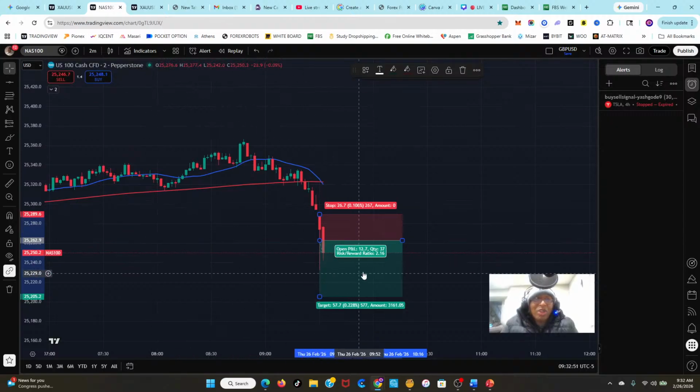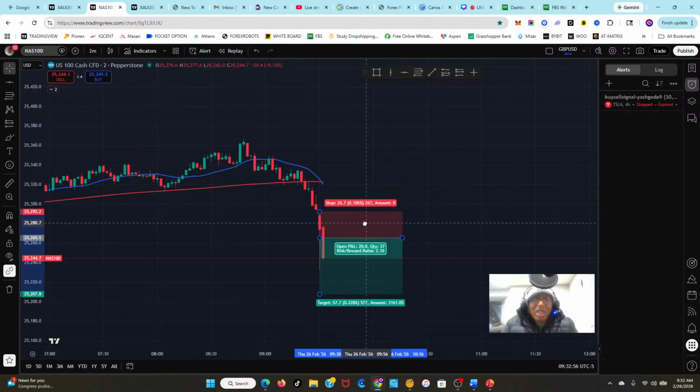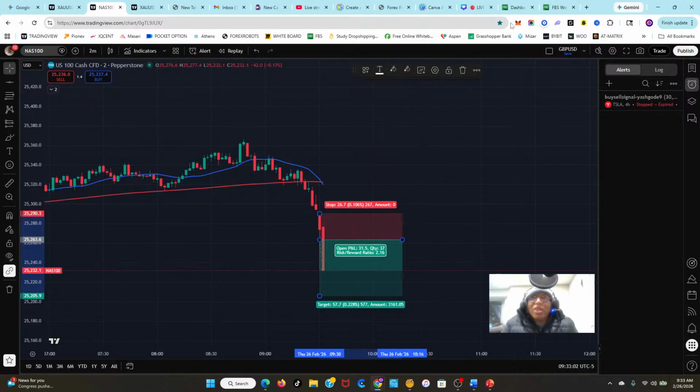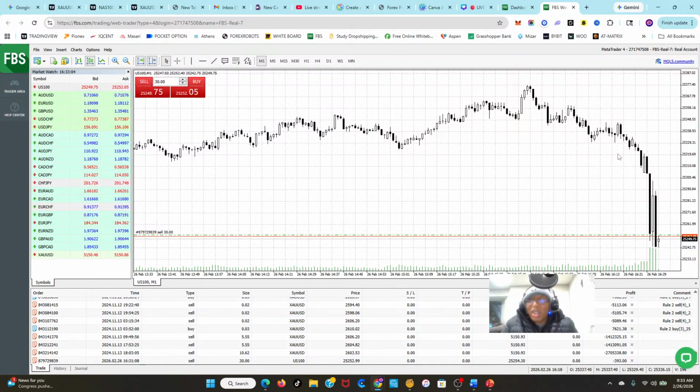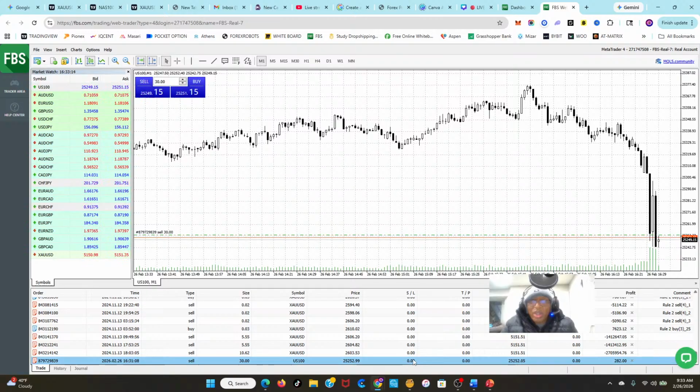So let's put our stop loss. We can see our stop loss is that part right there, 25,290. So that's where we're going to put our stop loss, 25,290. So we're going to modify this. We want to put a stop loss.